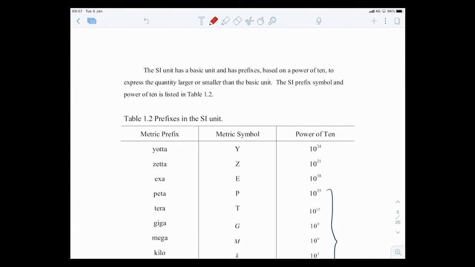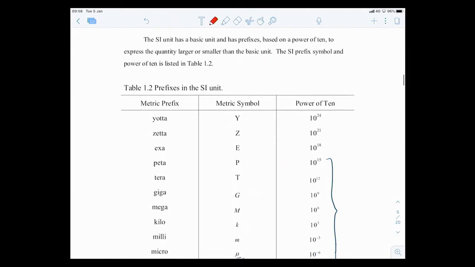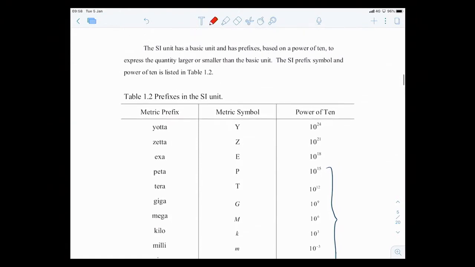Prefixes tell you the power of 10 for the units. First one, yotta. The symbol is capital Y, and the value is 10 to the power of 24.